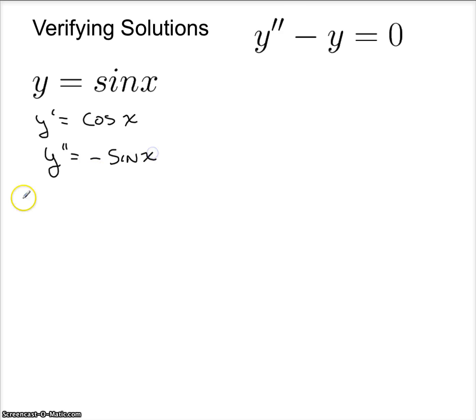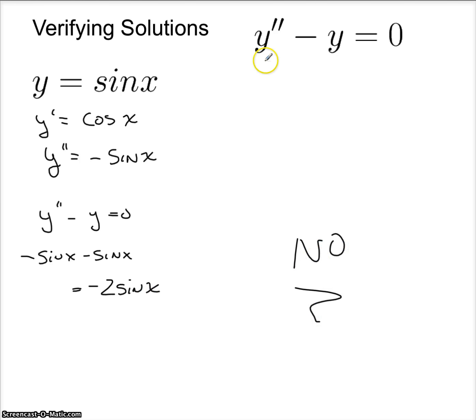Well, it's looking promising. So when I put in y double prime minus y equals 0, I have minus sine of x minus sine of x, which is equal to minus 2 sine x. Oops, no. This is not a solution to this differential equation.